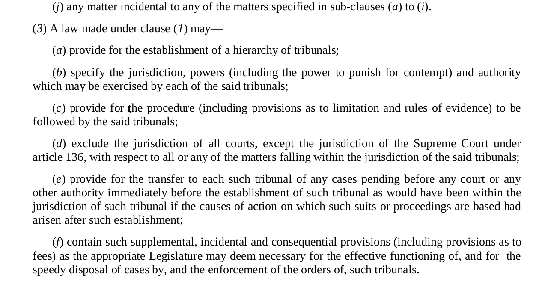C. Provide for the procedure, including provisions as to limitation and rules of evidence, to be followed by the said tribunals. D. Exclude the jurisdiction of all courts except the jurisdiction of the Supreme Court under Article 136 with respect to all or any of the matters falling within the jurisdiction of the said tribunals.